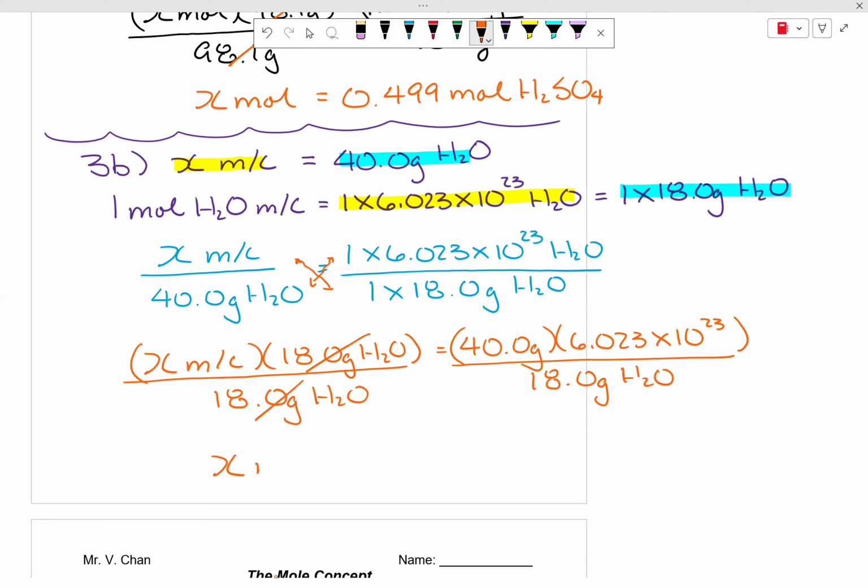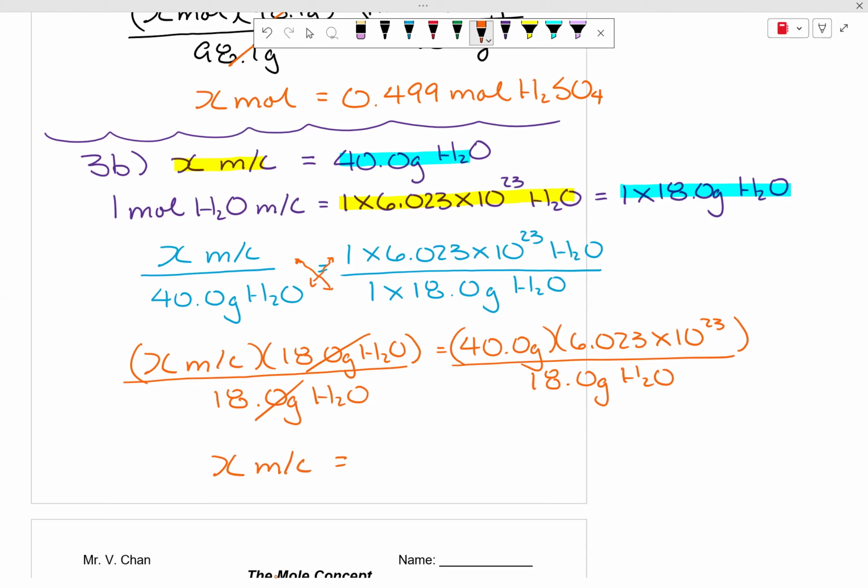So X molecules would be 40 divided by 18 times 6.023 e to the 23rd.